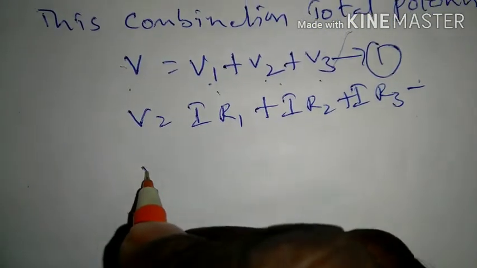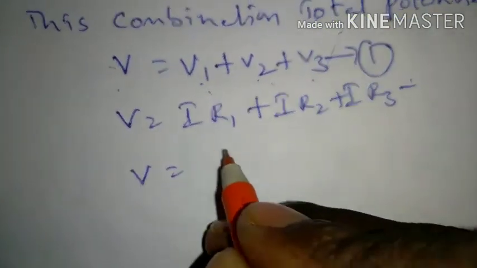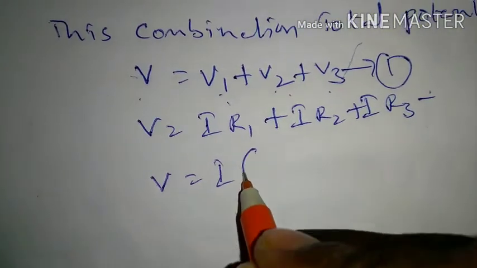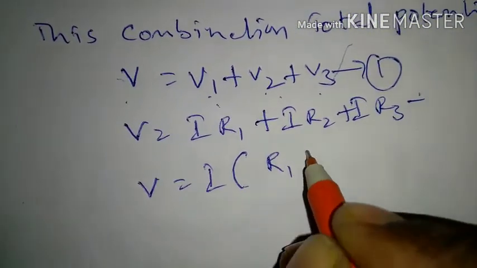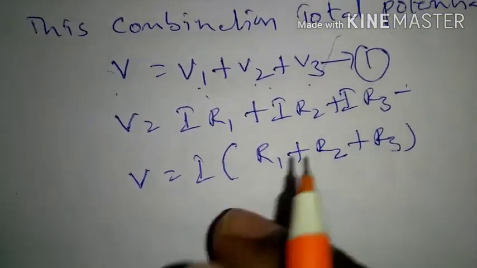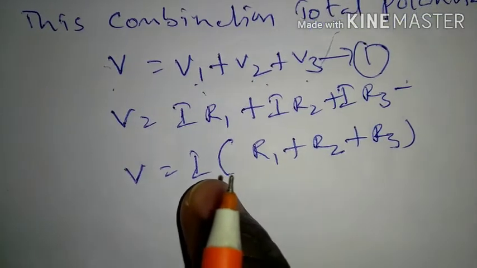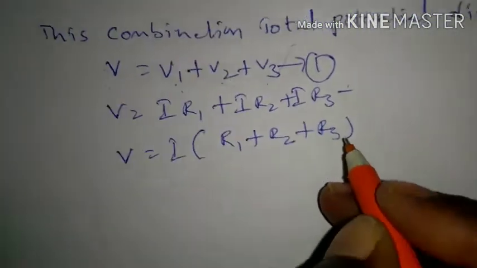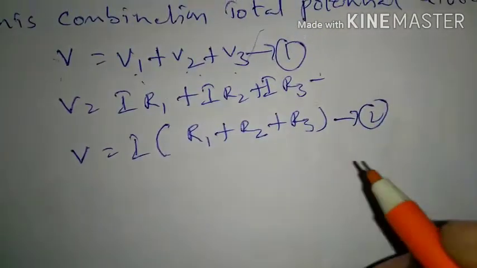Next, V is equal to I common, into R1 plus R2 plus R3. V is equal to I into R1 plus R2 plus R3. This is equation 2.